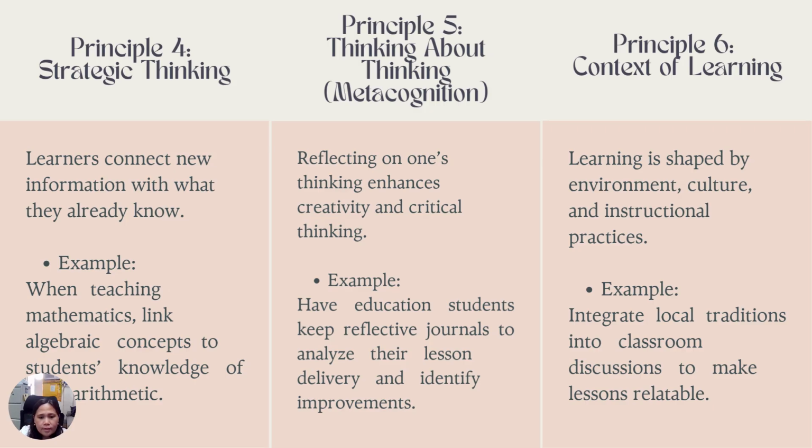Then we have the fourth principle, strategic thinking. Students need to be explicitly taught. When we say explicitly, concretely, it should be properly spelled out, since you will soon be teaching minors who might be in the preformal operational thinking stage, but we cannot guarantee, especially for grades 7 and 8, they are still transitioning.